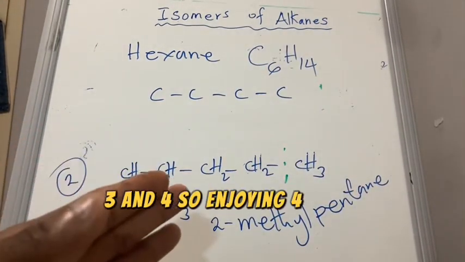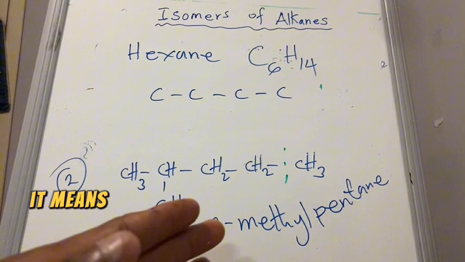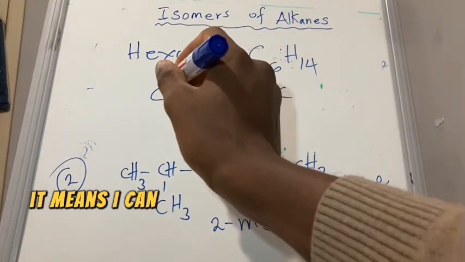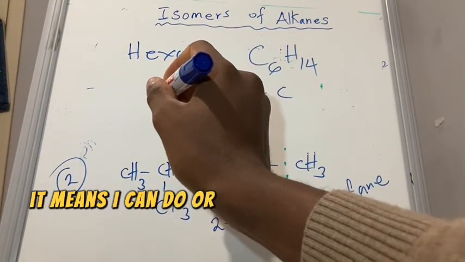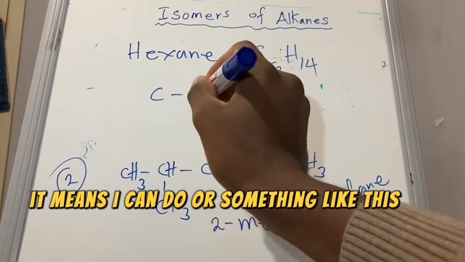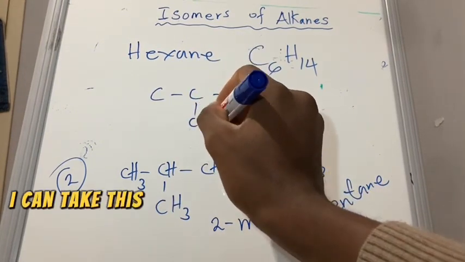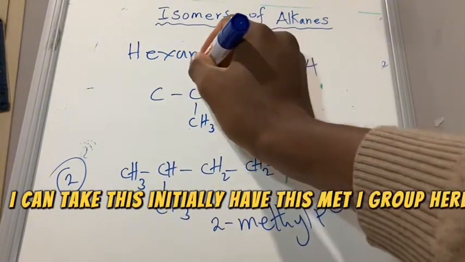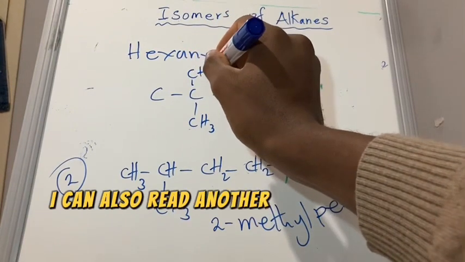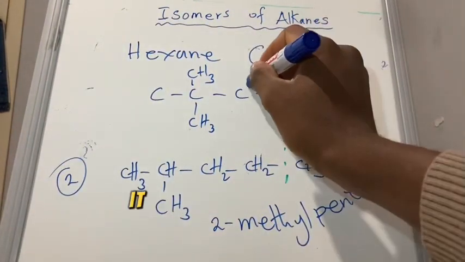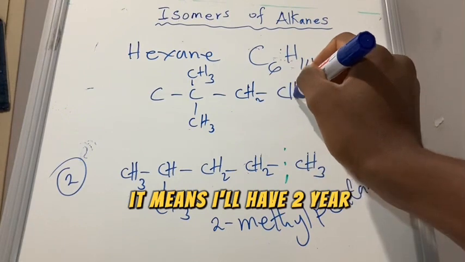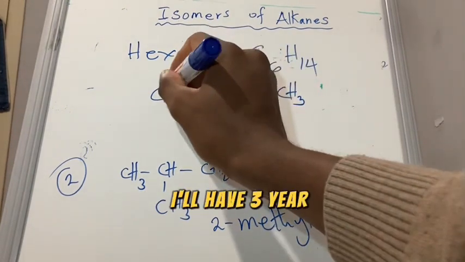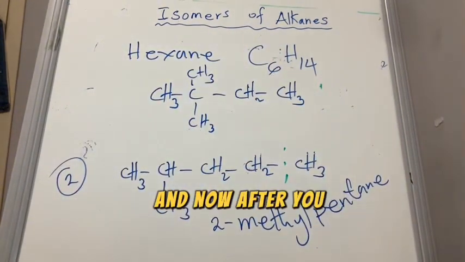In drawing 4 carbon, I can do something like this. Initially, I have this methyl group here, and I can also add another methyl group to it. It means I will have 2 here, 3 here, and 3 here.